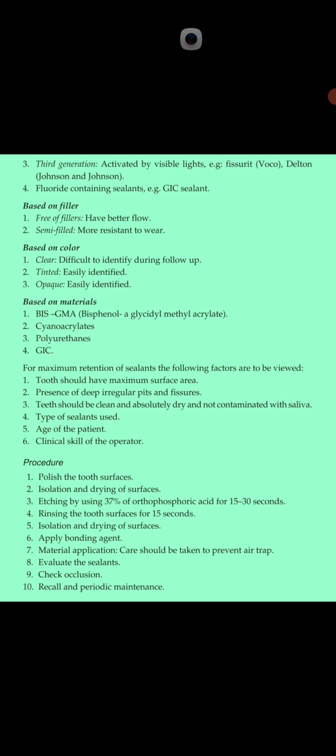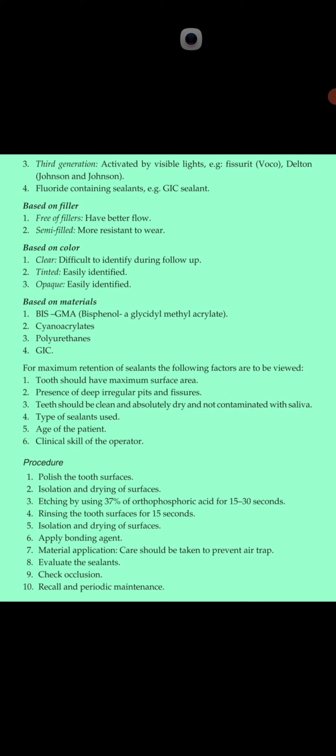Third, etching by using 37% orthophosphoric acid for 15 to 30 seconds. Remember, this MCQ also came: what percentage of orthophosphoric acid is used for pits and fissure sealant? You remember the duration, and 37% orthophosphoric acid, not phosphoric acid.